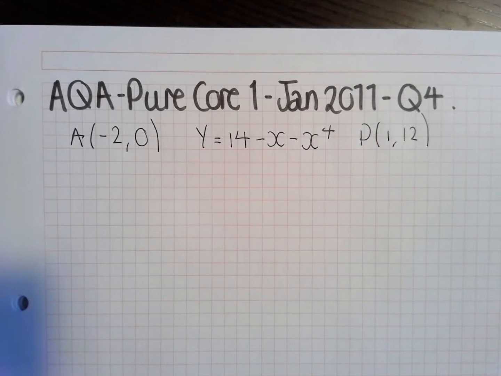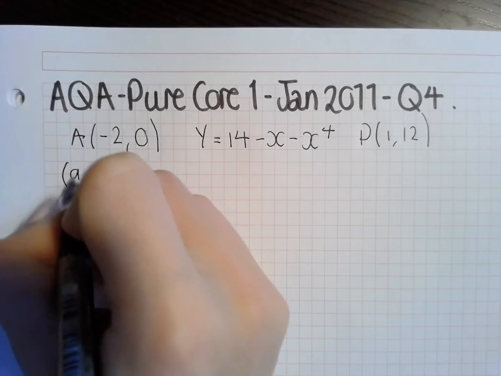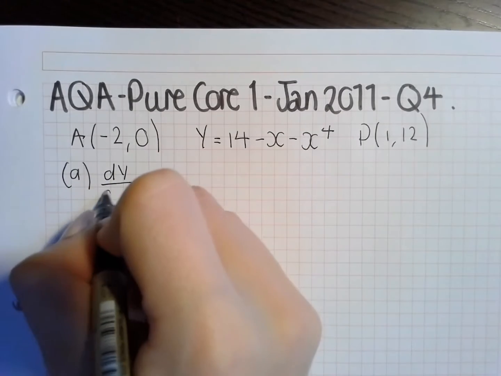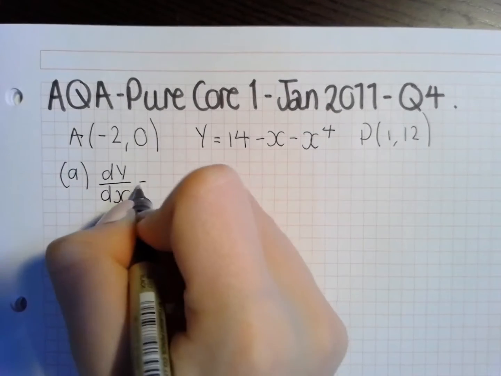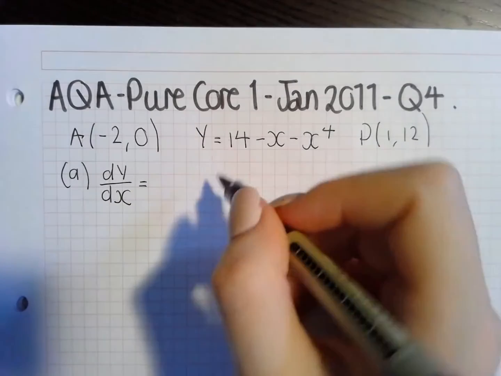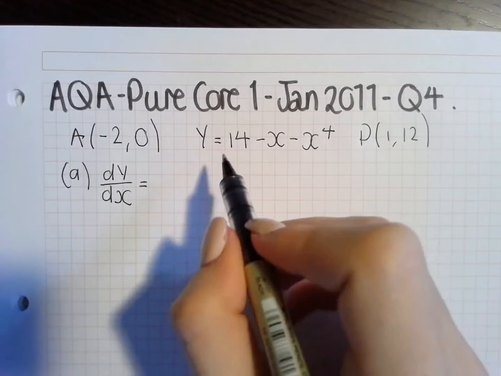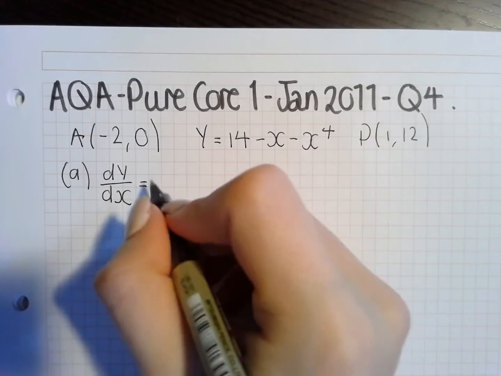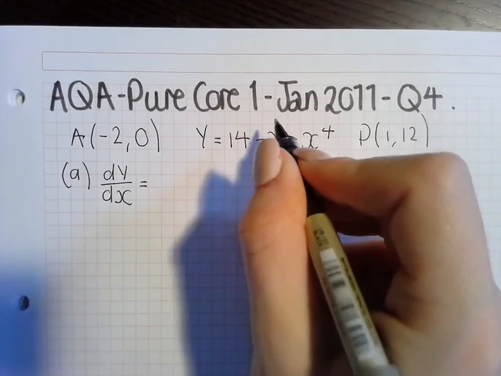The question then says, find the gradient of the curve at the point P. To find the gradient we want to differentiate the equation of the curve. So dy over dx equals: differentiating 14, there's no power of x, so timesing it by 0, you just get 0, that disappears.